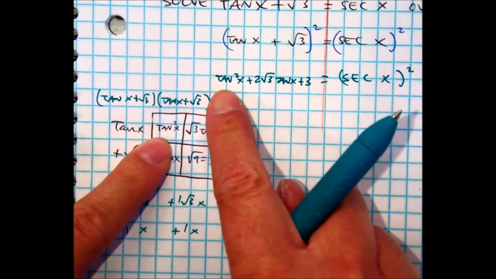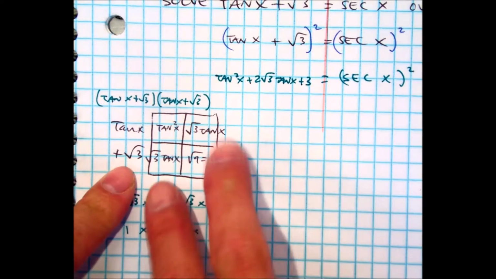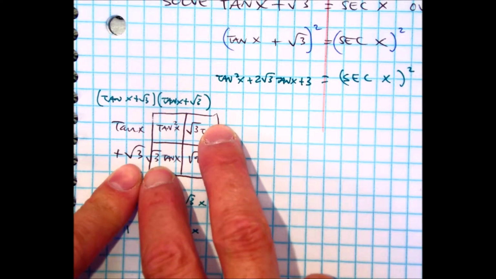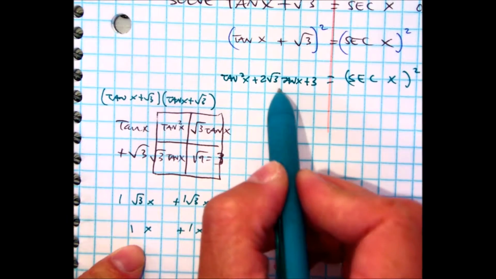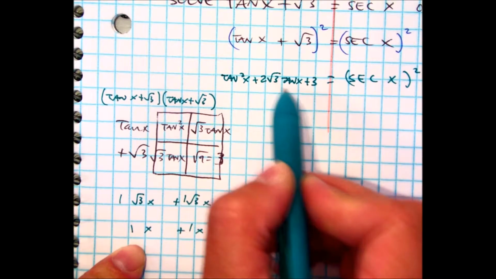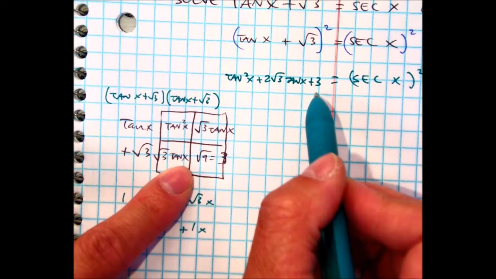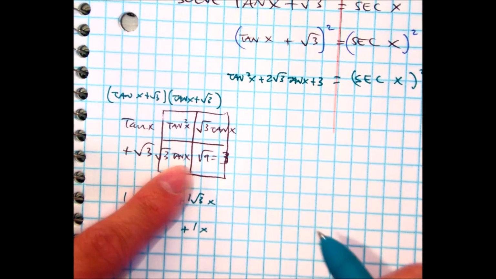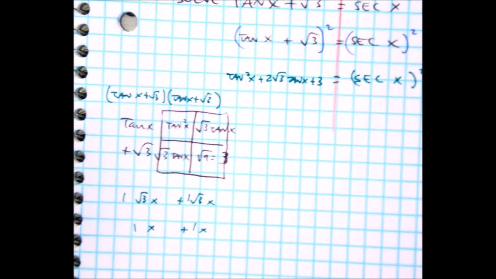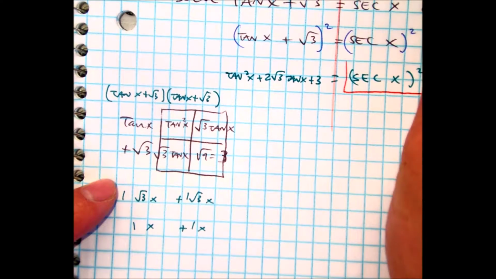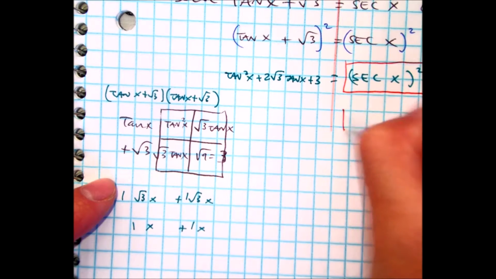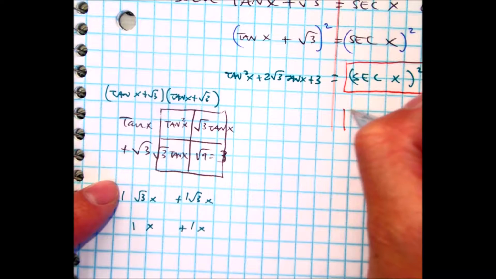So that becomes tangent squared x. Here you're now combining like terms, so we're adding, and just the coefficient in front. There's 2 radical 3 tangent x, and then you have the plus 3, and then this is secant x squared. Class, secant x squared becomes what?